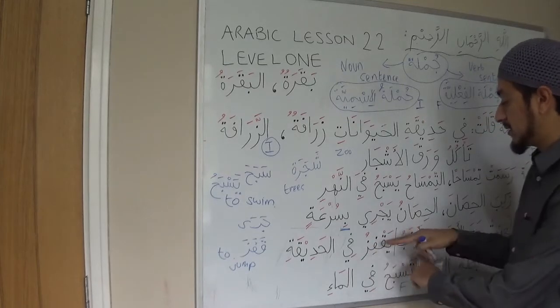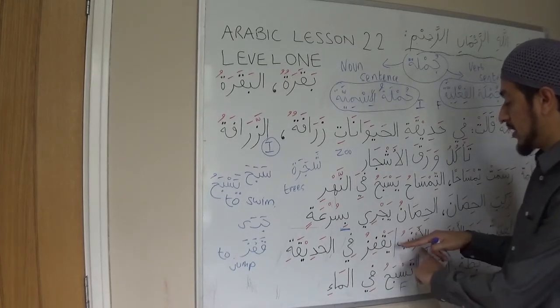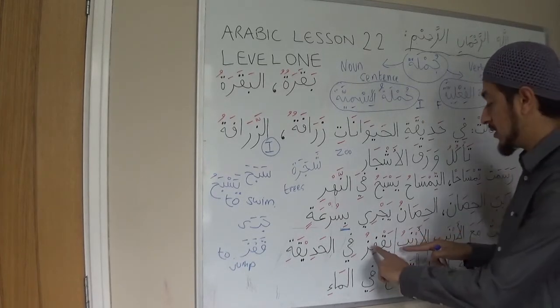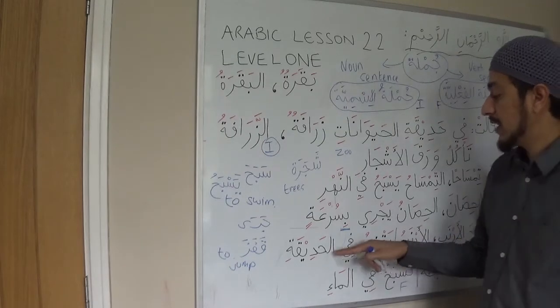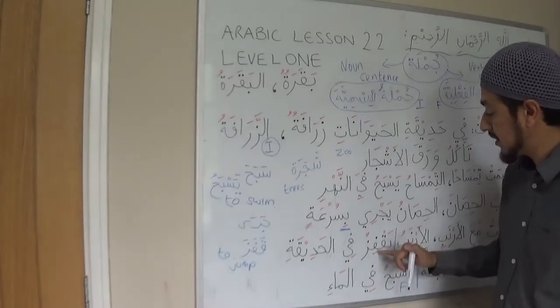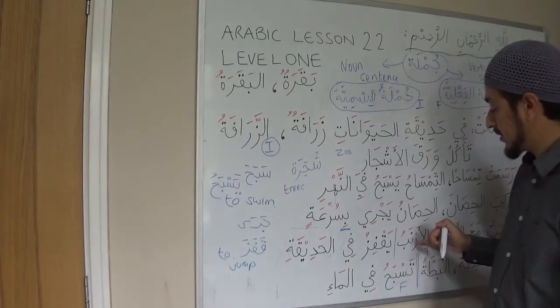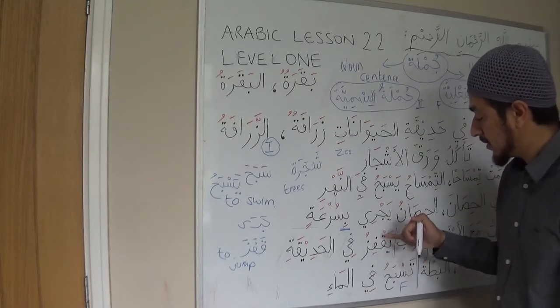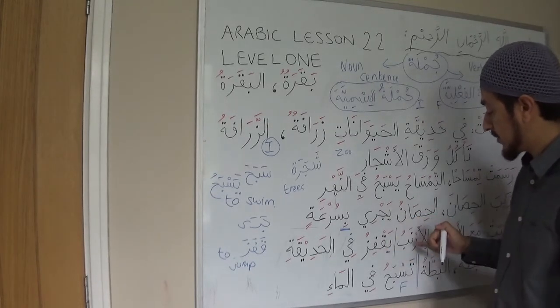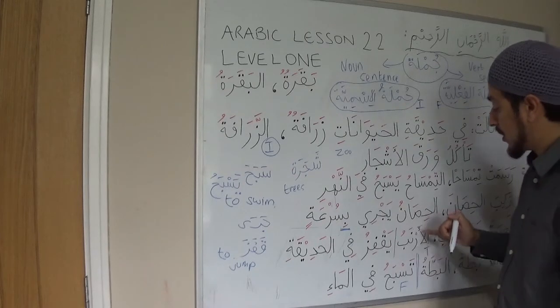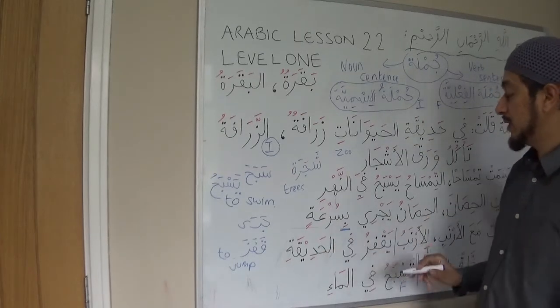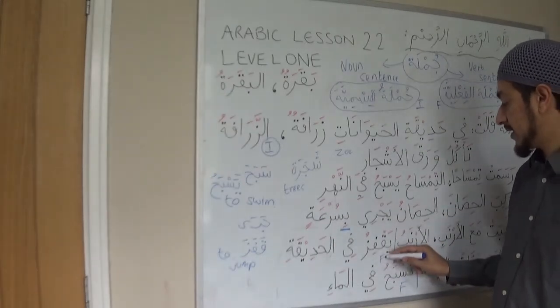Remember I said you can start with the verb, or you can start with the noun. So we say yaqfizu al-arnabu fil hadiqa. Now we know who is doing that action. It's the arnab. So we say the verb, the doing action, then we say the person. Yaqfizu al-arnab fil hadiqa will be a jumla fi'liya if you start like that.